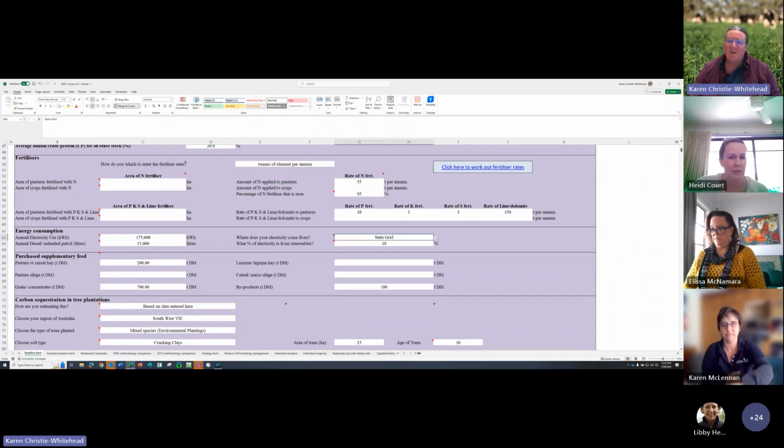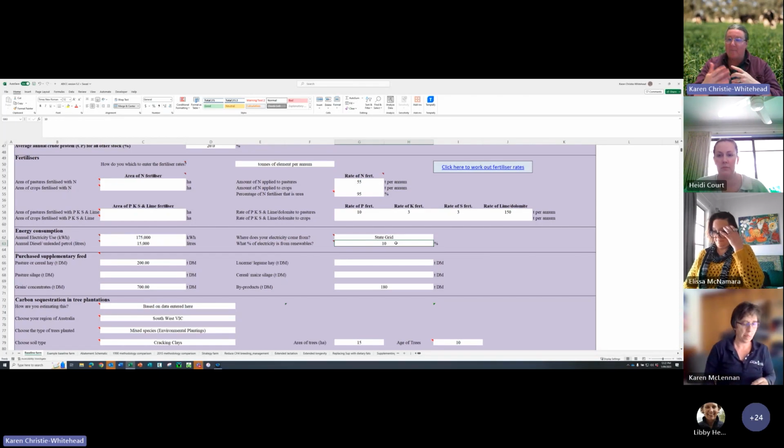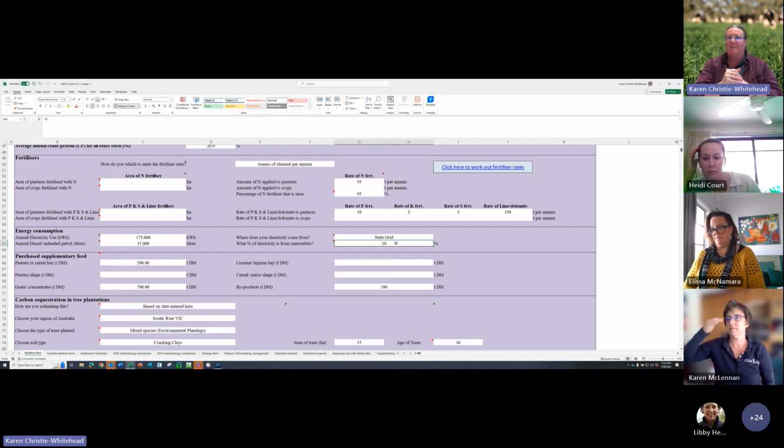It can be 100% on the grid, but you can still then deduct it by a certain percentage. So you might say, I forget the name of the company, but we'll call them Red Spot, for example. They're supplying you energy, but they've guaranteed that 50% of the electricity they're producing and selling to you has come from renewables, from hydro or a wind farm.